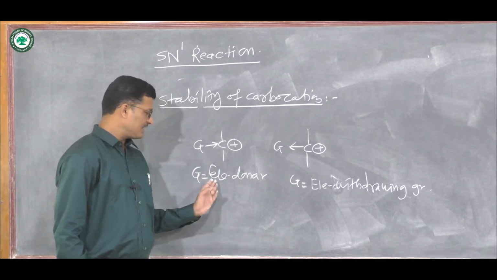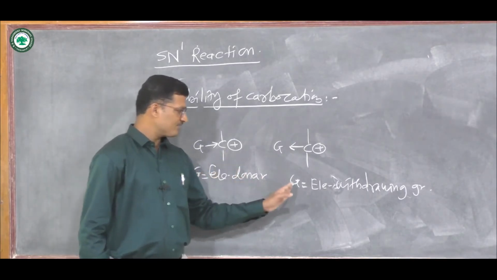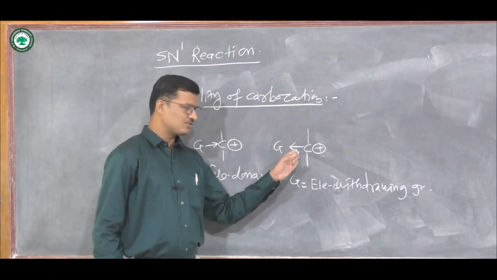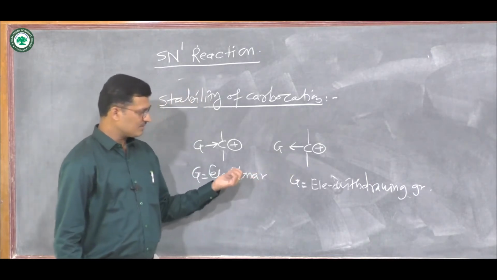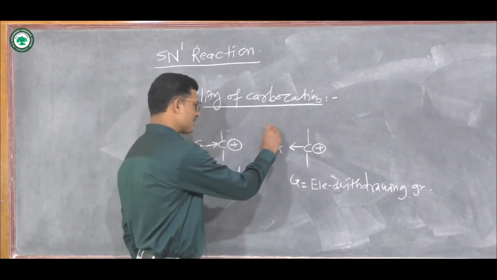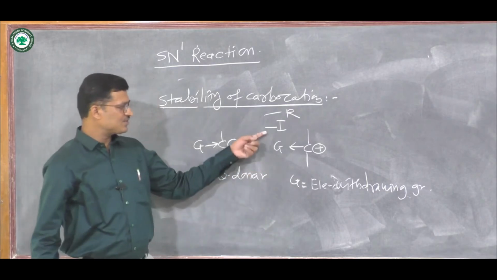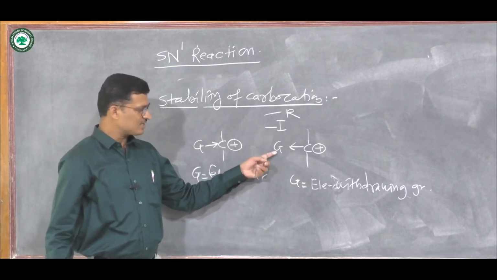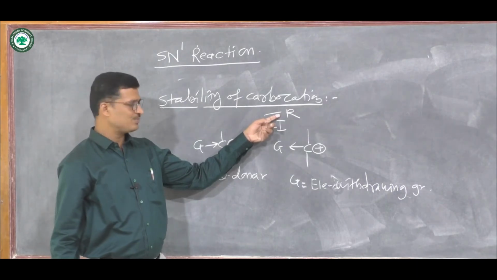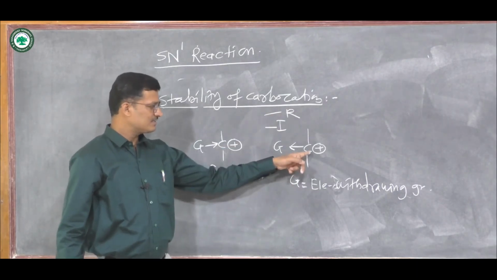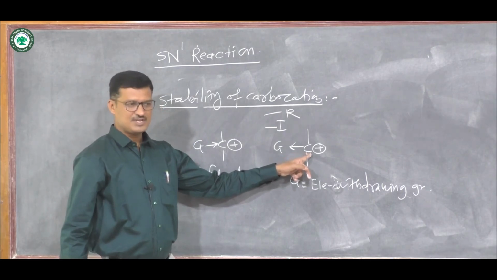And when electron withdrawing groups are attached, meaning groups which give the minus I, electron withdrawing inductive effect, or the minus R, electron withdrawing resonance effect, then the positive charge intensifies and the carbocation stability decreases.